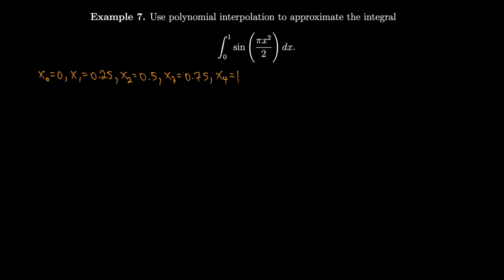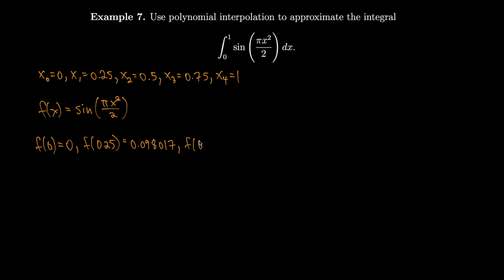Okay, let's see. I'll take f of x equals sine of pi x squared over 2. F of 0 is just 0. F of 0.25 is 0.098017.